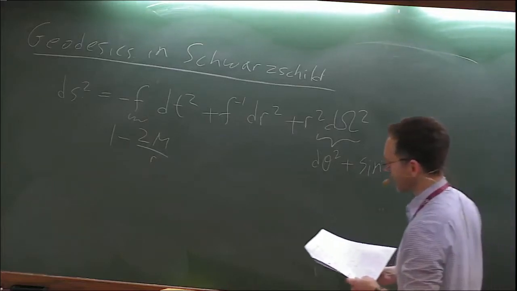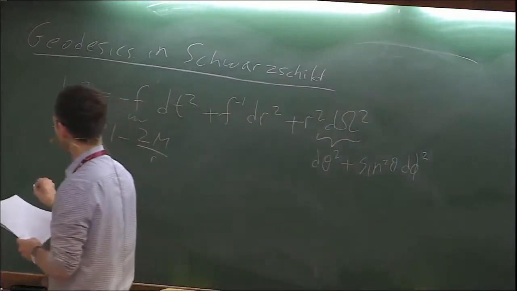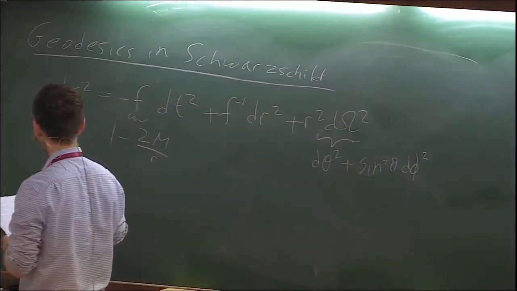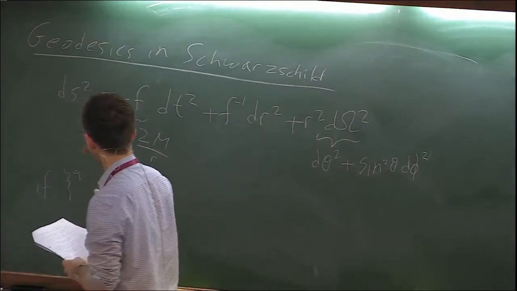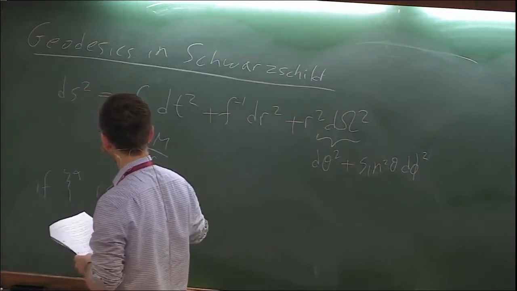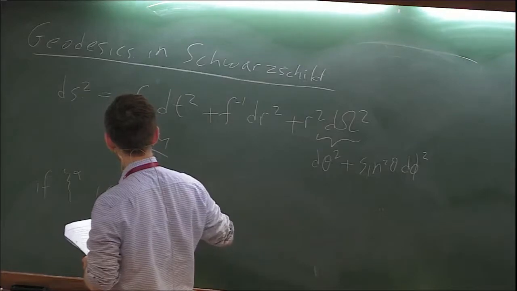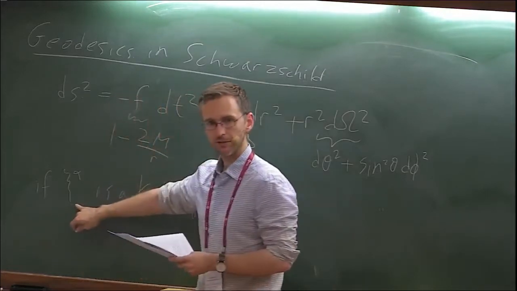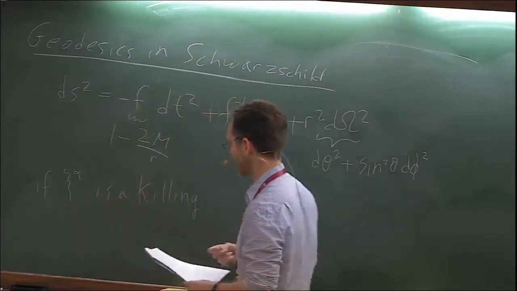Now, remember that if we have a Killing vector, so here ξ is not a gauge transformation vector, it's a Killing vector.